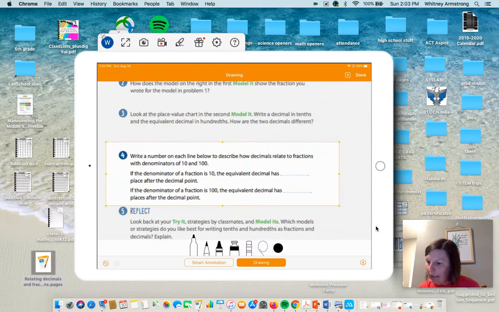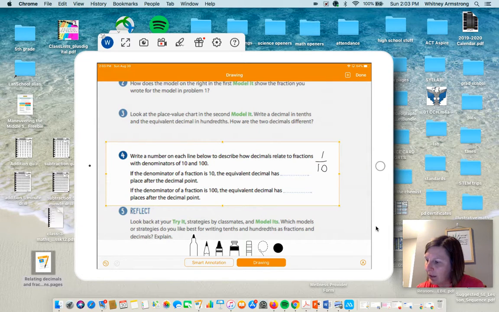It says, write a number on each line below to describe how decimals relate to fractions with denominators of 10 and 100. So it says, if the denominator of a fraction is 10, so let's say you had 1/10, the equivalent decimal has blank place after the decimal point.